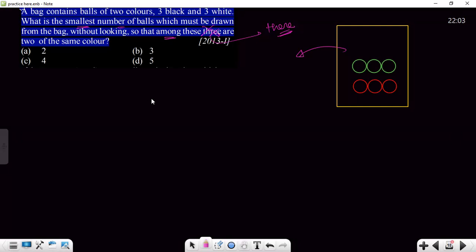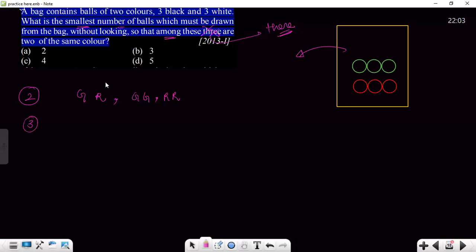Should we withdraw two balls? Let's start with the two scenario. If we withdraw two balls, then it may happen that one is green and another one is red. Okay, that's desirable. But it may also happen that both balls are green, which is not desirable, or both balls are red, which is also not desirable for us, because we need to find a certain condition where it is a sure event that we will get balls of two different colors, that among these there are two of the same color.